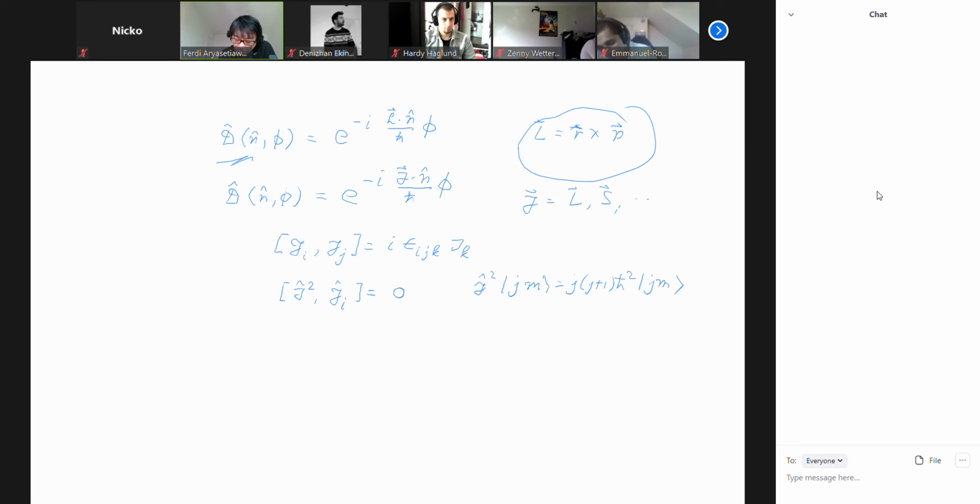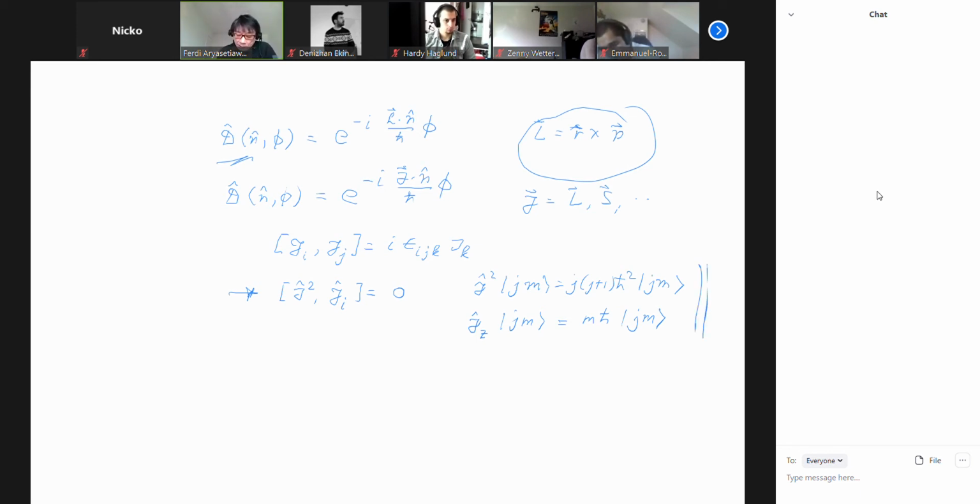And we choose one of the components, which is usually the z component. So that's equal to h bar m. So the fact that J squared commutes with all the components means that we can choose one of the components and label the eigenstates of the angular momentum with j and m. So it's defined in this way here.